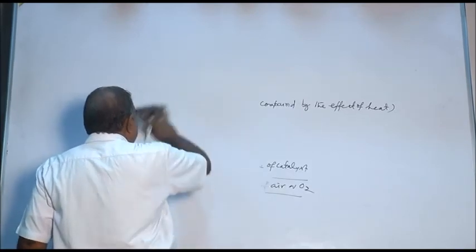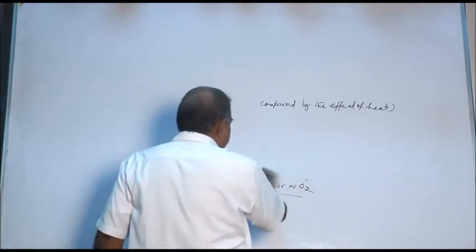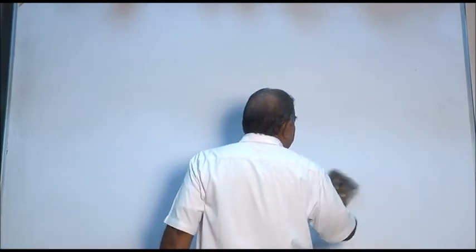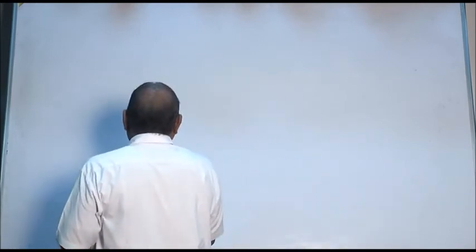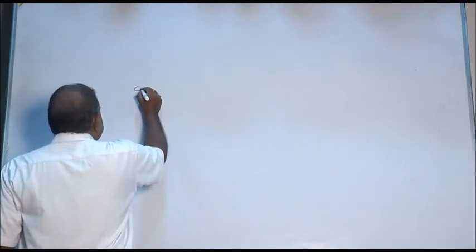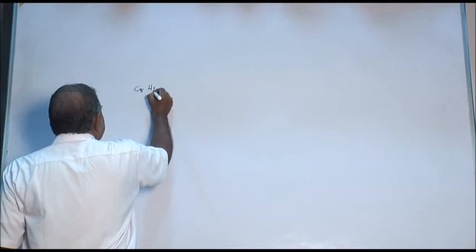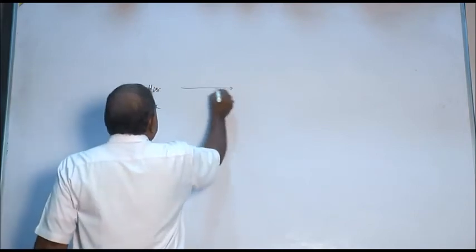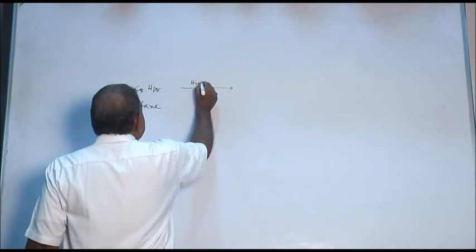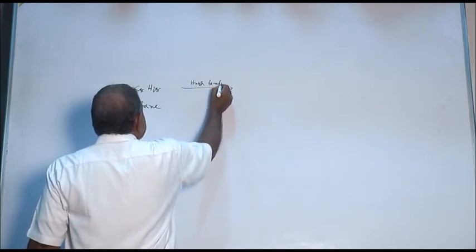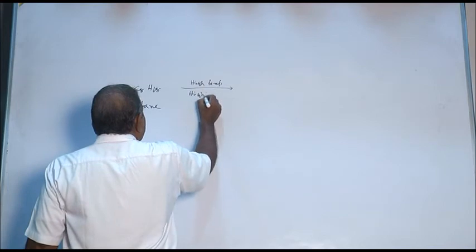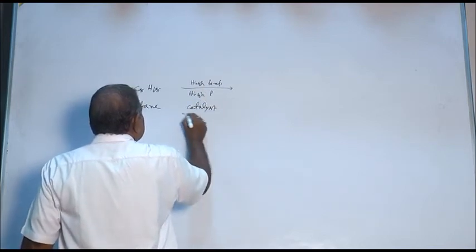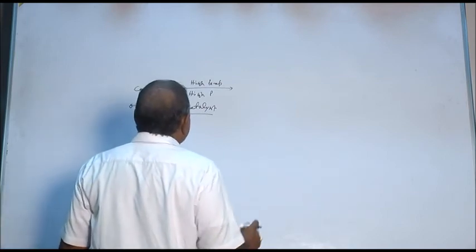Pyrolysis means a compound breaks by the effect of heat. When we apply pyrolysis to saturated hydrocarbon, we call it cracking. Say, let us take C8H18, octane. At a high temperature, high pressure, with catalyst, this will decide what it will break into.